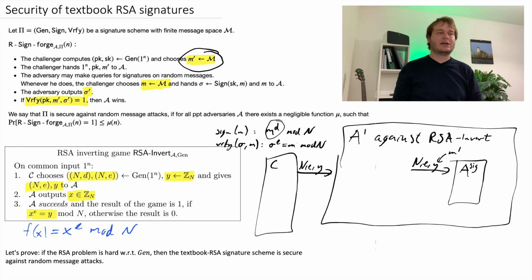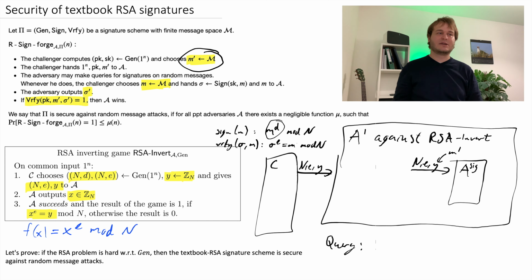So as m prime, we just give it y, which works because y is random in Zn. The message space is Zn, so m prime is also a random message from the message space. Now the only thing that happens is that we get queries.